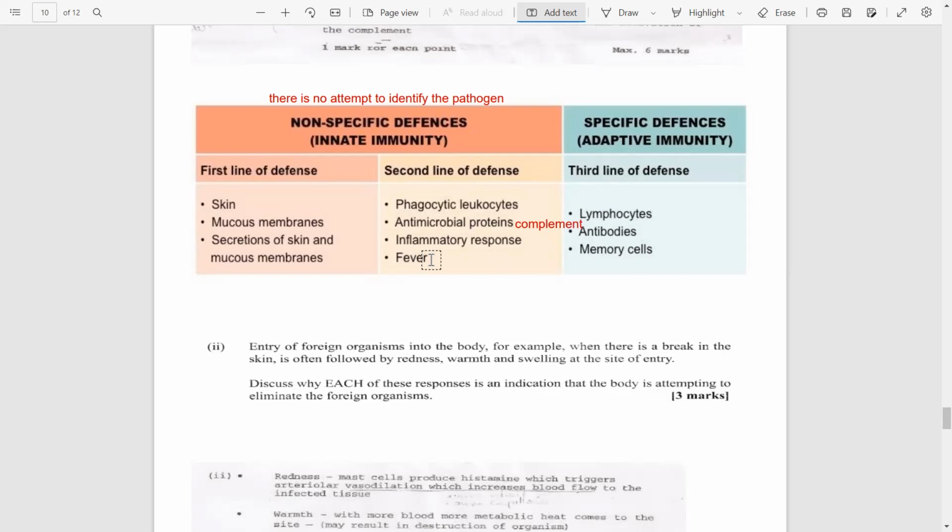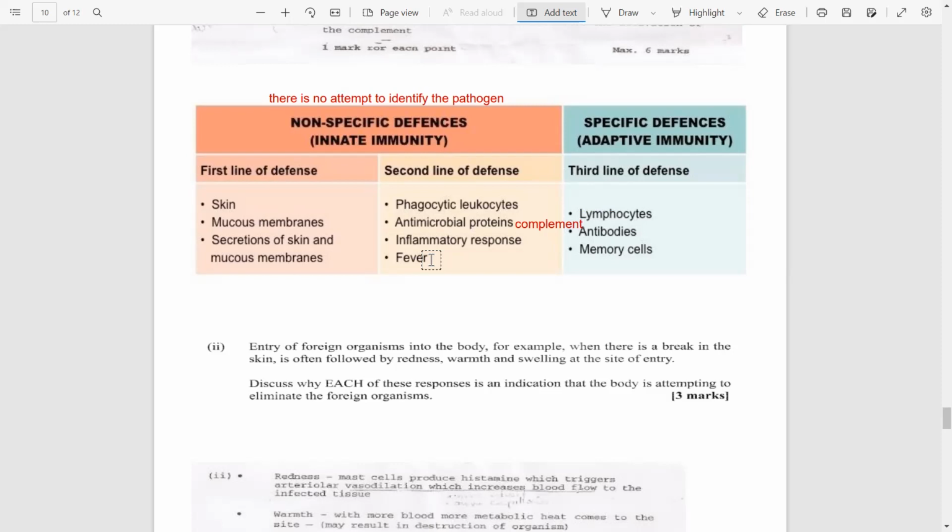And then a fever is when you are actually giving off a systemic response. You are making the entire body know that there is an infection here. When you end up with a fever, it means that it's an inflammatory response, but you have made it become systemic. So the entire body is aware that there is a pathogen inside.